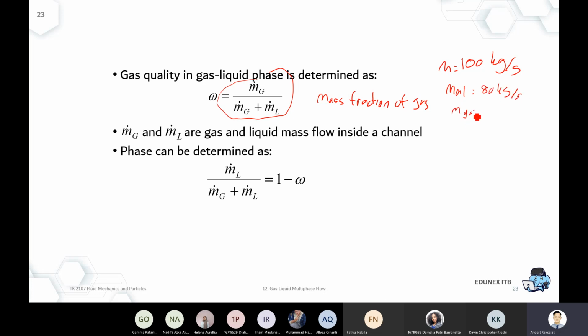That means the gas is 20 kilogram per second. So you can now estimate the mass fraction of the gas is 20 per 80 plus 20, so 0.2 mass fraction of gas.